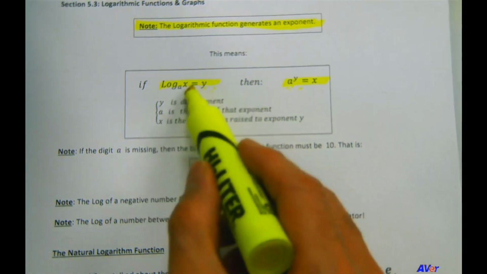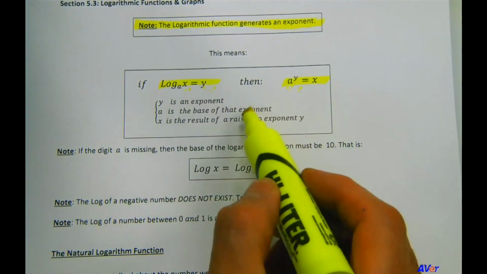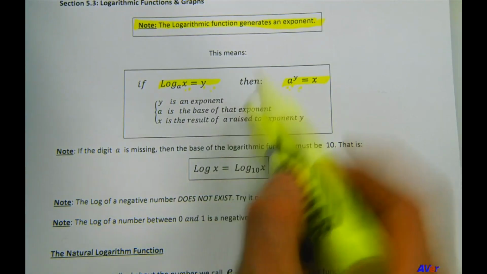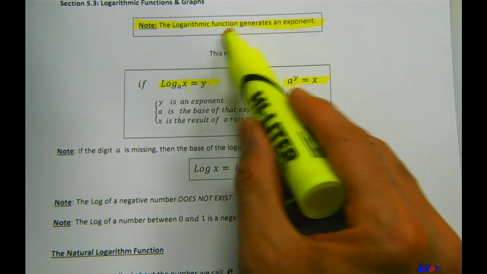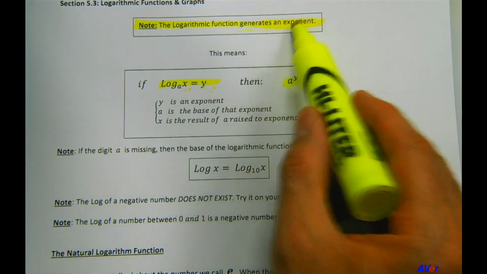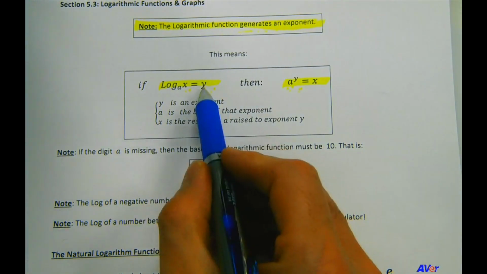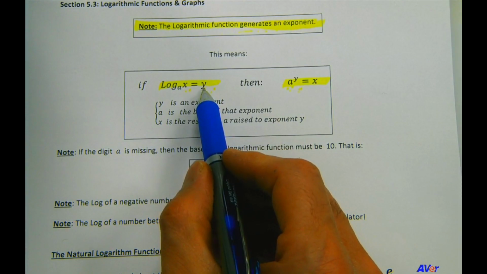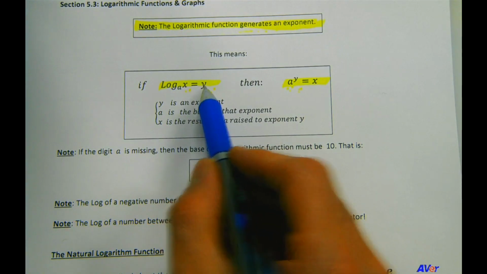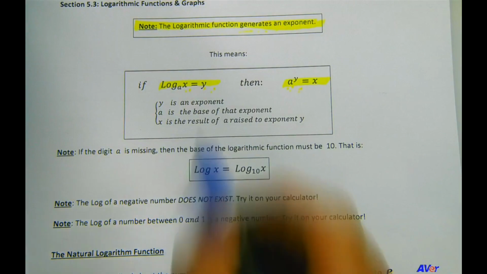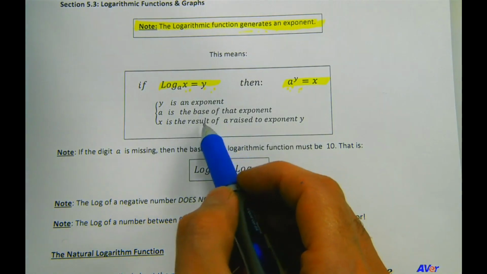So how do we go from the log form to exponential form? Well, remembering that logarithmic functions generate an exponent, you should look at this expression and realize that this y is an exponent. And if we have an exponent, then the question is, what is the base of that exponent?